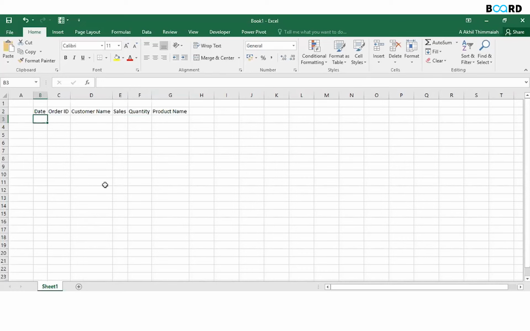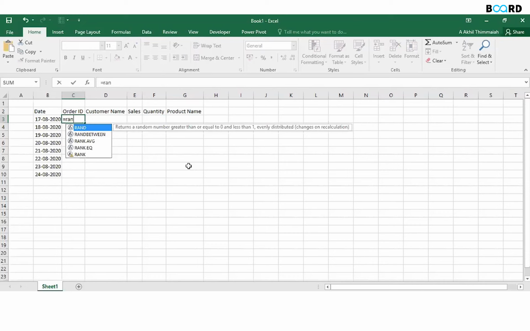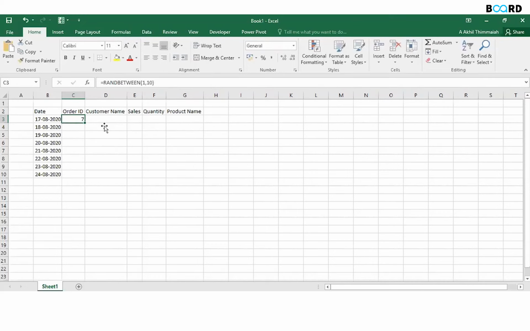Let's say 17/08/2020, and some product name XYZ. Now this was a typical way of storing data. Just imagine every day you're storing more and more data. So you need a place to store this kind of data.